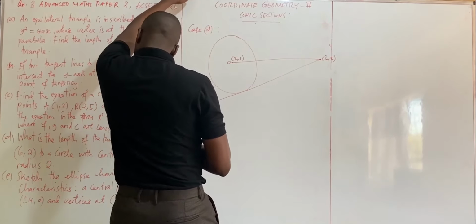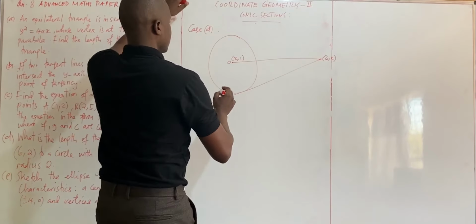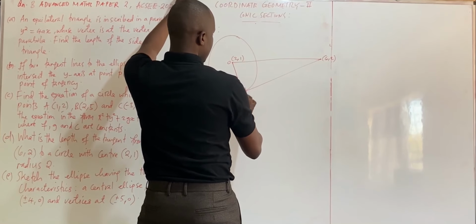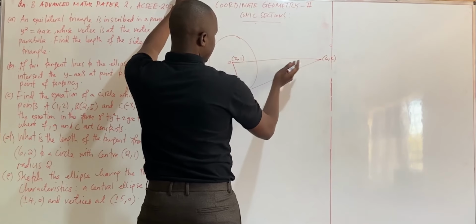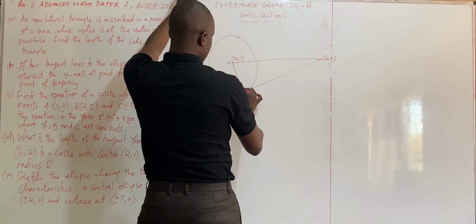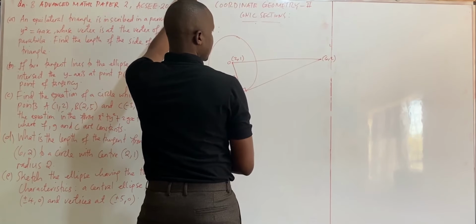And we are told that the radius of the circle is 2. So we know the radius is perpendicular to the tangent line at the point of tangency. So the radius here is 2 units, and here we have the point of tangency.